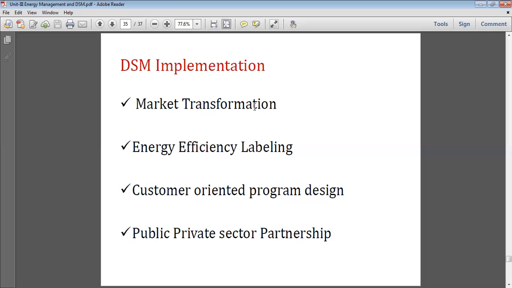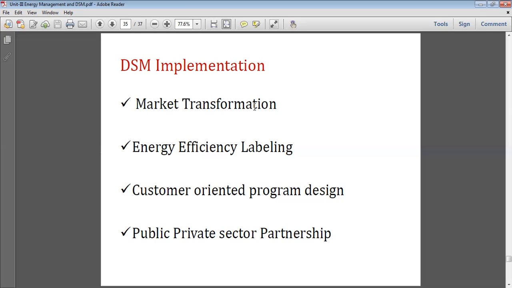Suppose you are going to purchase a refrigerator of 160 liters. You will find the same brand, same company manufacturer, same capacity, available in 3-star and 5-star ratings.